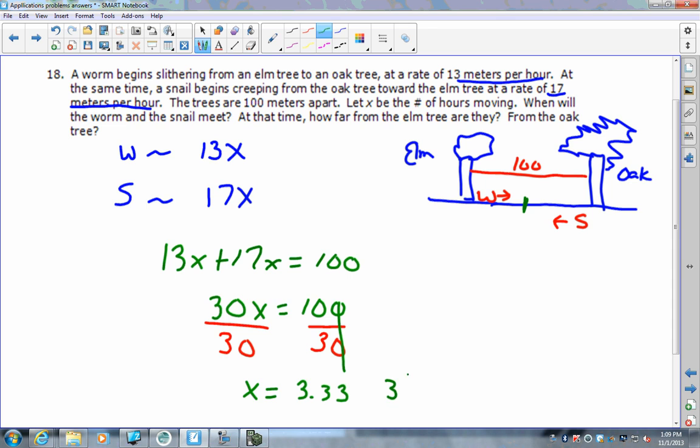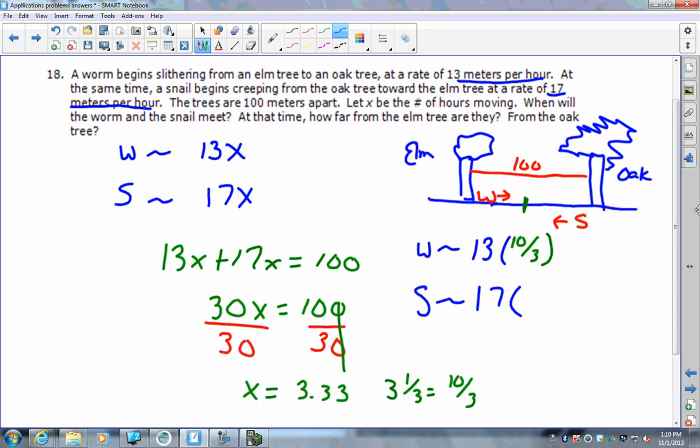So that's 3 1/3, which is the same as 10 over 3. So let's try and use the right numbers this time. Ms. Crawford's having issues today. Okay, let's see if this works or makes it better.